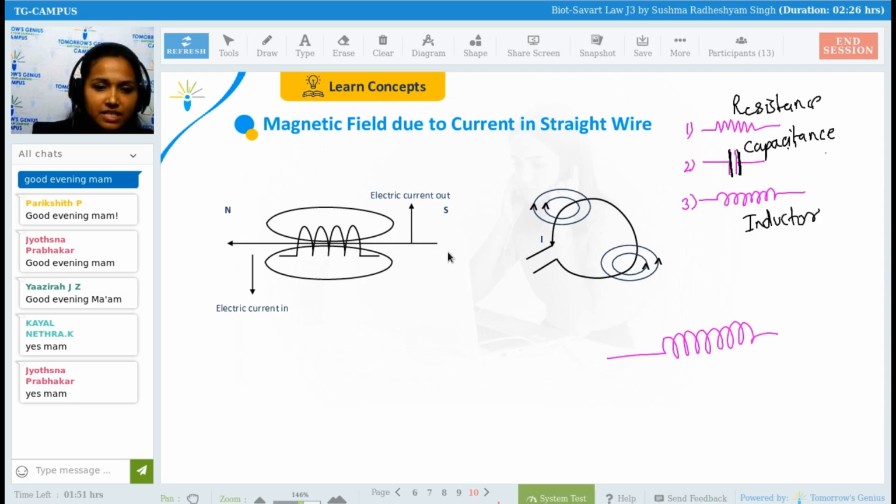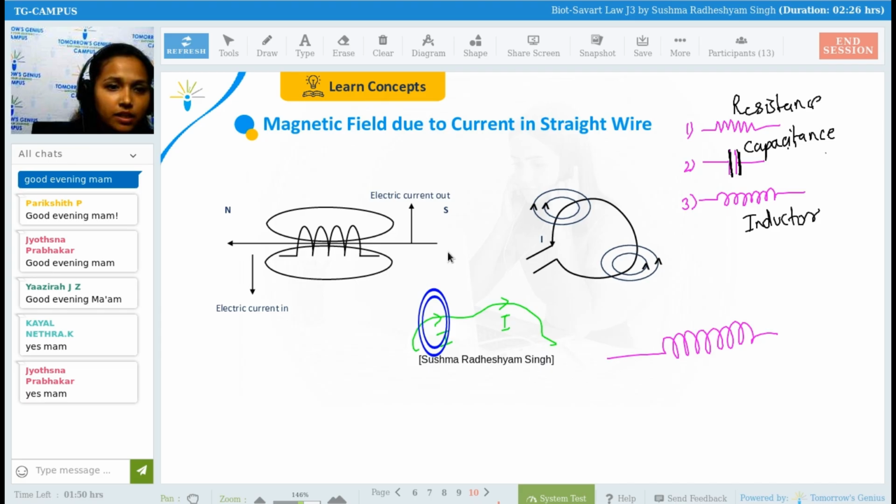See, if this is any arbitrary structure and a current I is flowing, then around this we get a magnetic field like that. Similarly, if your current is flowing here, a magnetic field is created around this.